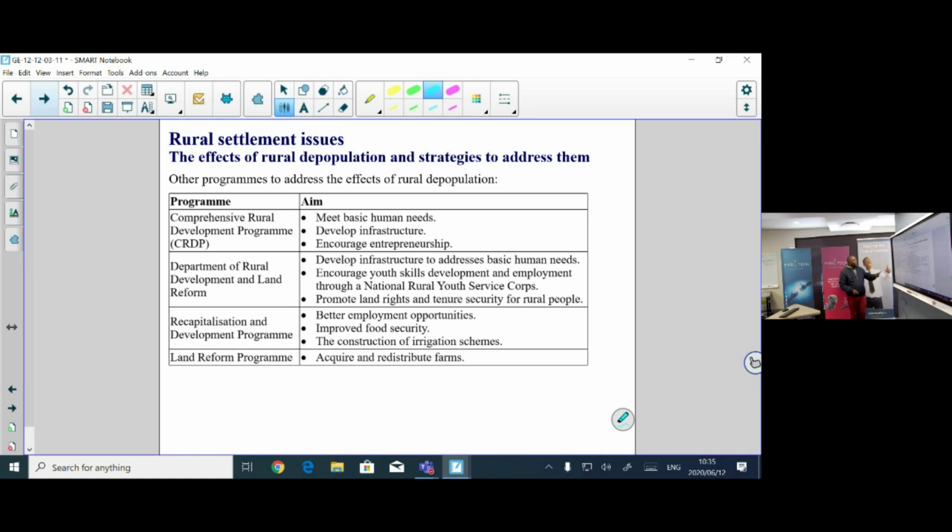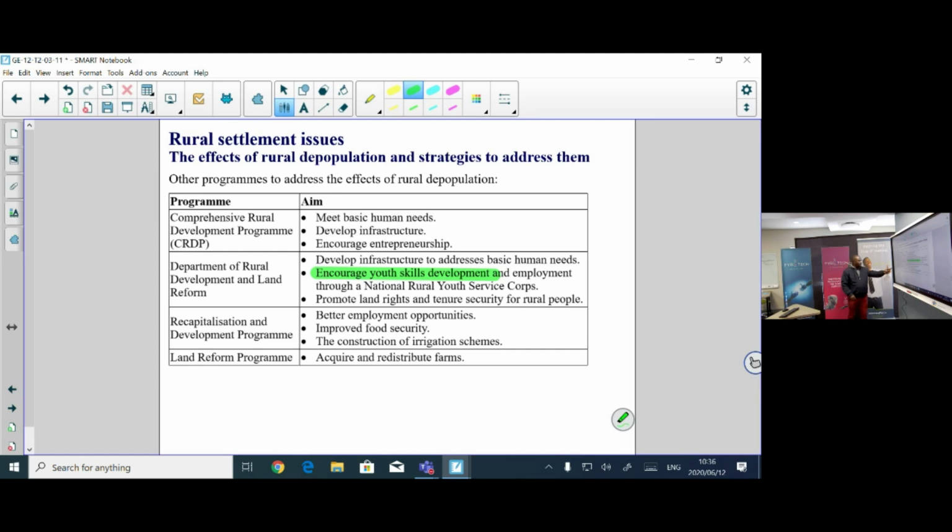Then we have another program here, which is called the Department of Rural Development and Land Reform, which has the aims of developing infrastructure to address basic human needs, encourage youth skills development and employment through a national rural youth service corps, promote land rights and tenure security for rural people.